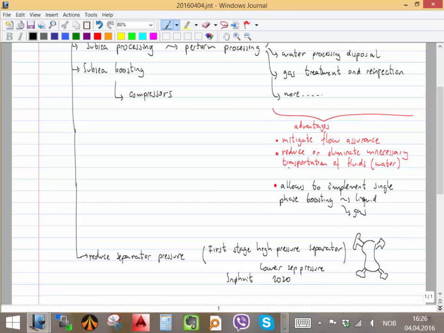So this reduces back pressure. Remember we began to see last time that we have multi-phase boosters, which deal with the mixture of gas and liquid. But if we manage to separate, then we can use just regular boosters, either a single phase pump or a compressor. We don't have to go to this fancy equipment that can deal with both phases.